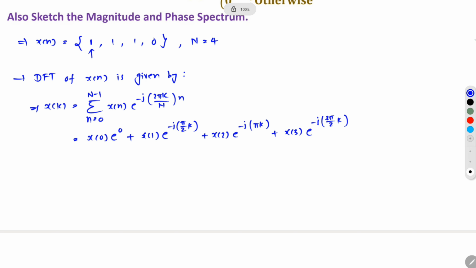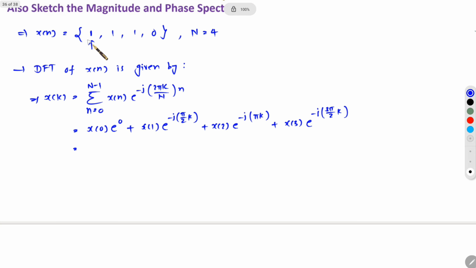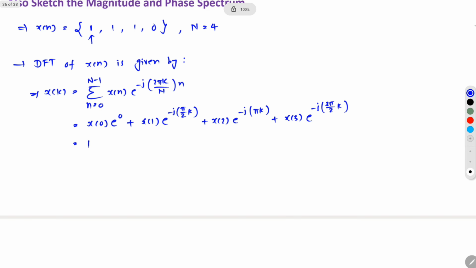Now if you observe, x of n is 1 for n equals 0, n equals 1 and n equals 2, and x of 3 is 0. So if you simplify this, x of 0 is 1, e to the power 0 is 1. Then x of 1 is 1, so e to the power minus j pi by 2 into k will be there.